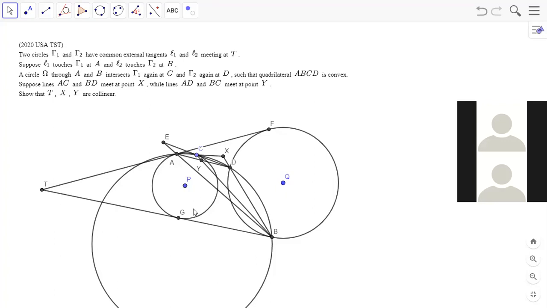What were you saying about we want to show E lies on the polar of something else? T lies on the polar of E. Yeah. Okay. Interesting.